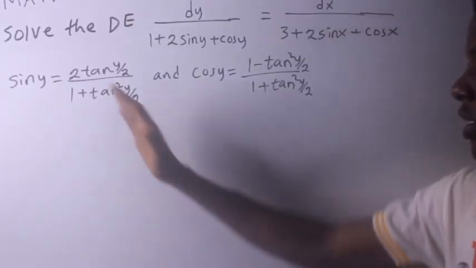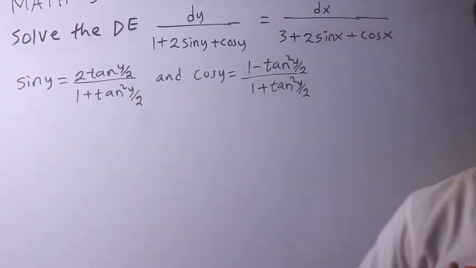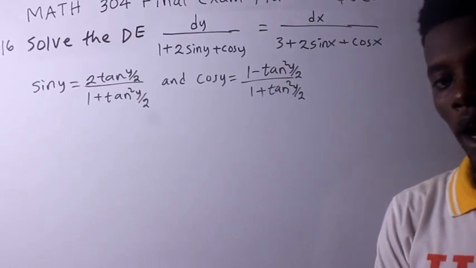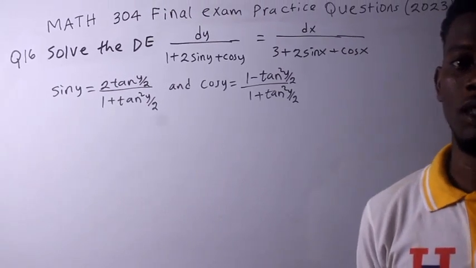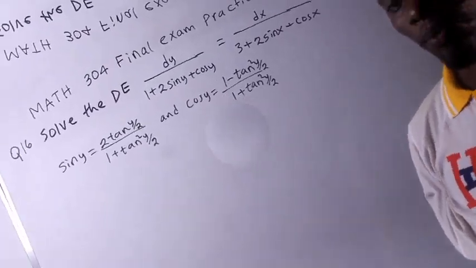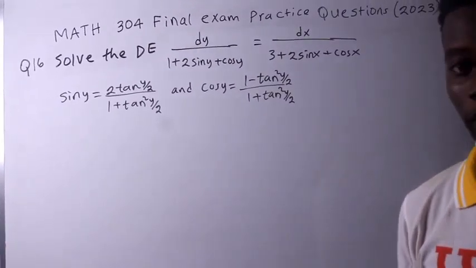We are going to use these two identities and replace them for the value of sin y and cos y and simplify the problem. So we'll go right ahead and put the integral sign on both sides and try to evaluate the problem.